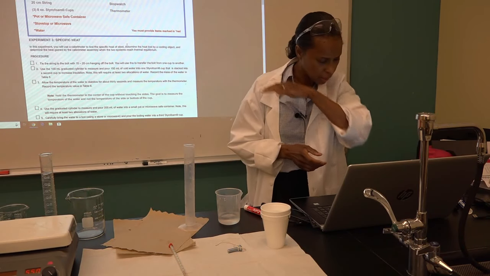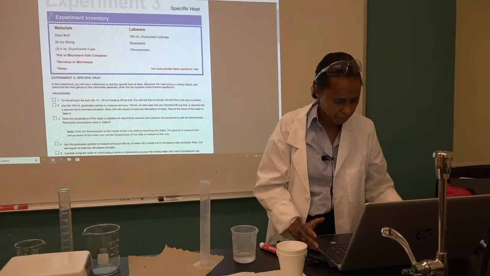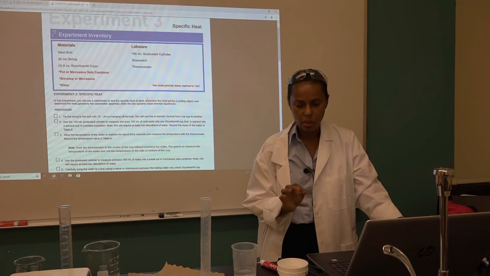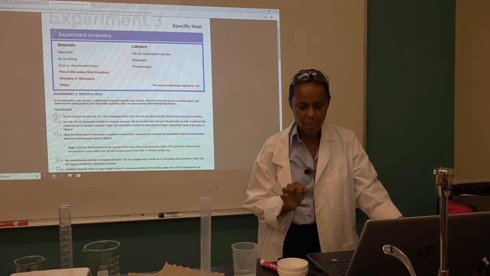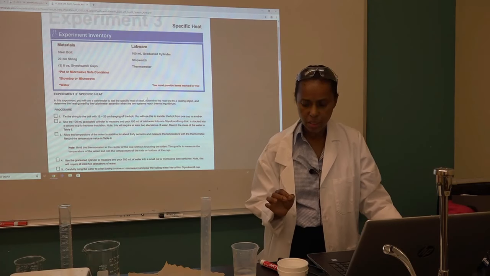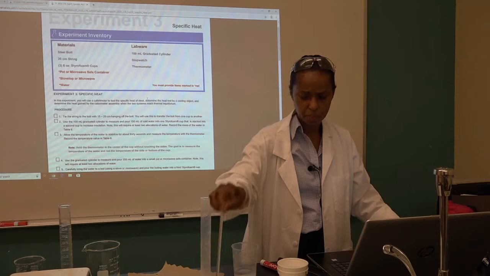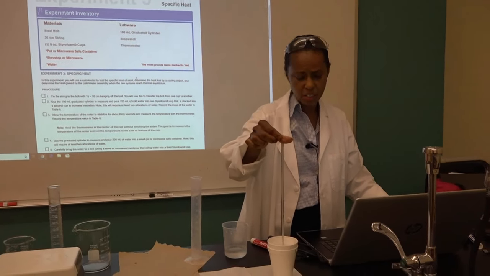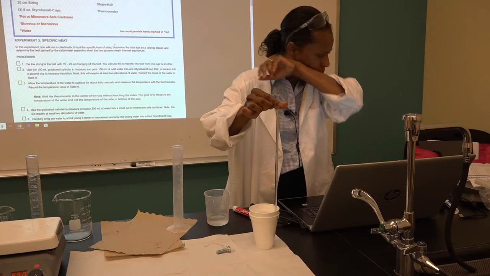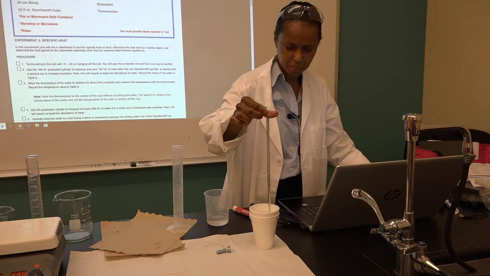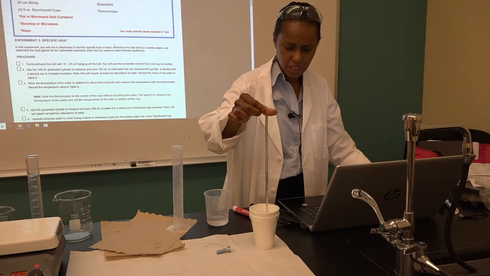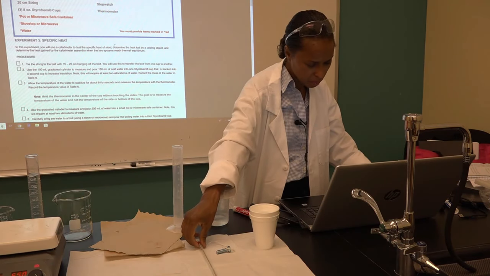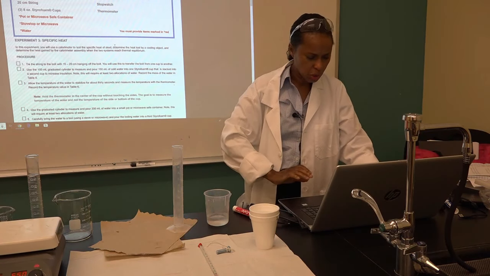We're going to allow the temperature to stabilize, so that means you keep the thermometer in the center of the water until the thermometer reading is constant, making sure it's not reading the sides of your cup. Once it's stabilized, you're going to record that.